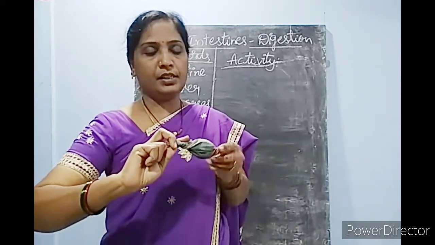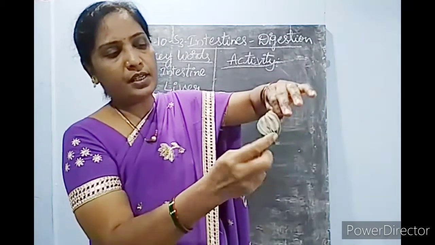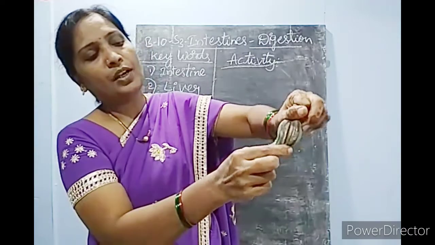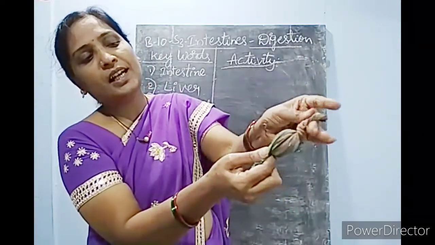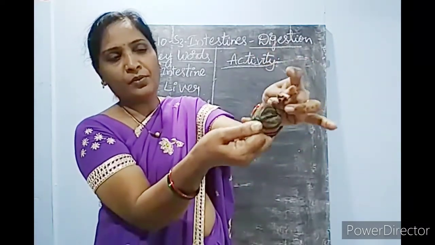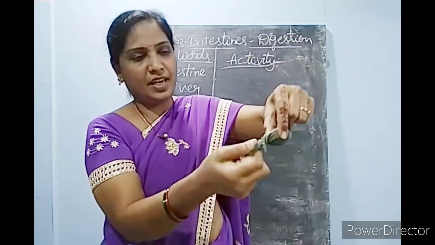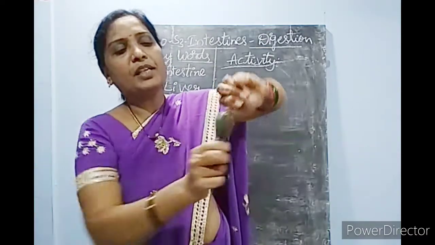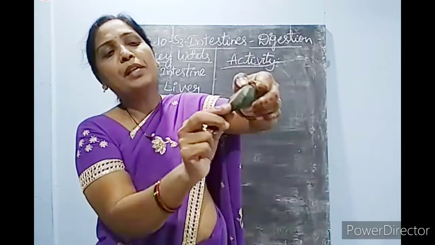Tie the edges and just squeeze this cloth. Squeeze like this. What are you able to see? The watery substance is coming out, right? Your intestines help in this way. See how the watery substance from the food item is coming out.